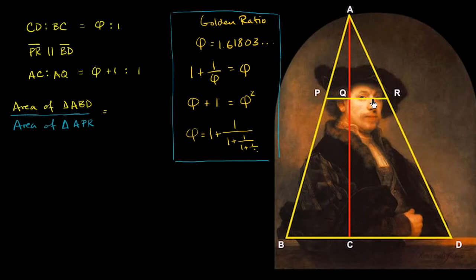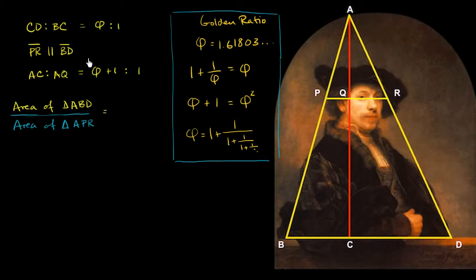And then if you were to go to his eyes, and you could imagine human eyes are what we naturally look at, whether we're looking at a face or a painting of a face. If you draw a line there that connects the eyes, and it's parallel to the BD right over here, let's call that segment PR. We'll see that this ratio, the ratio between this smaller triangle and this larger triangle, involves phi.